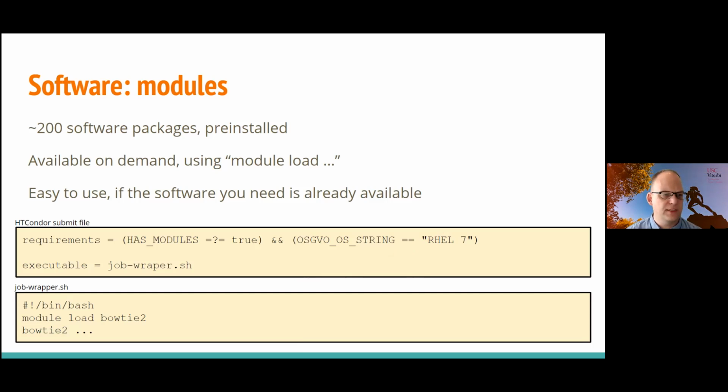Or if you have very specific version requirements or needs for how that software was compiled, we might not do that work in that case. There's a better way of doing that in the next couple of slides. So that's one, modules.